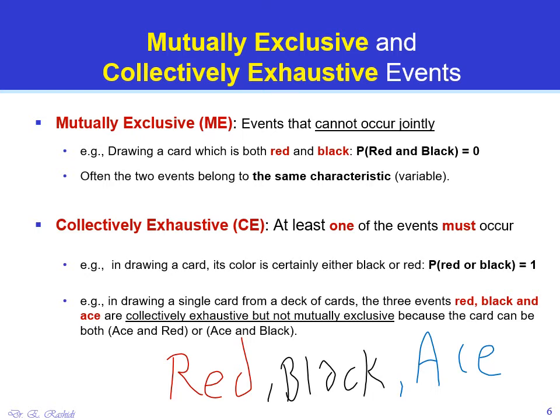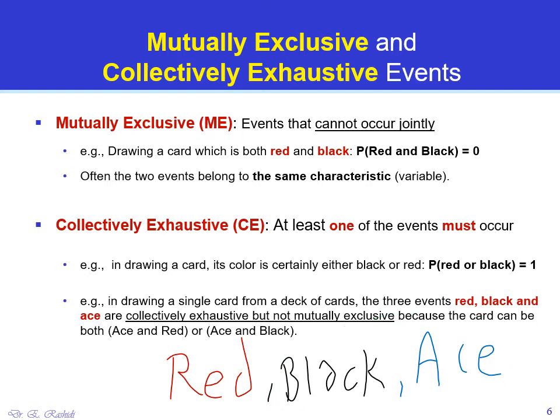It's going to be any of these three. These three events, on the other hand, are not mutually exclusive. Black and red, these two, yes, they are mutually exclusive. They cannot happen at the same time. However, the other two, for example, ace and black, can happen at the same time. We can have a black ace card. So they are not mutually exclusive.